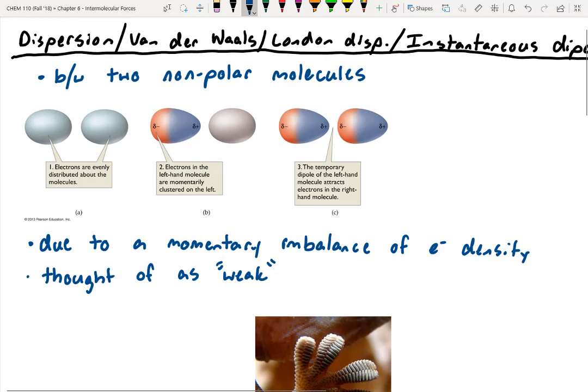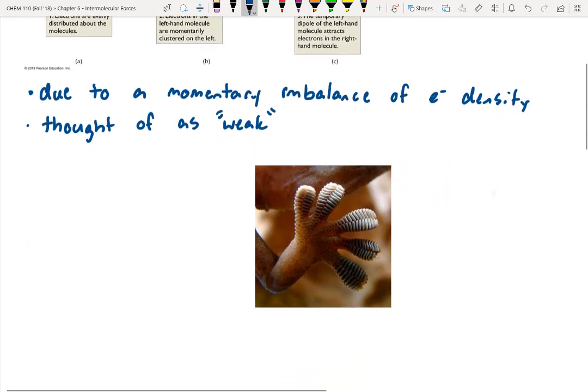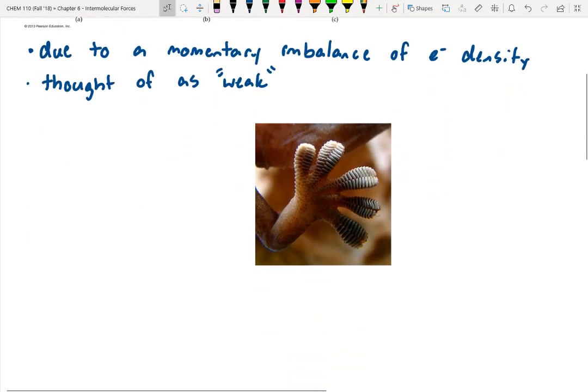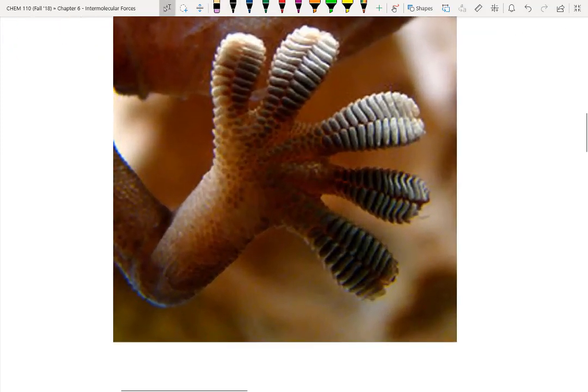There are examples of dispersion forces that are incredibly strong, and I've got an example here of a gecko's foot. If you think about geckos, right, geckos can climb walls. The question is, well, what's actually causing them to stick to the wall? If you ever feel a gecko foot, it's not wet or slimy or sticky in the common sense. What happens is if you zoom in on a gecko's foot, you see all those pads. You can zoom in even further, and there's ridges within those pads, and then there's ridges within the ridges, and then there's ridges within the ridges of the ridges.